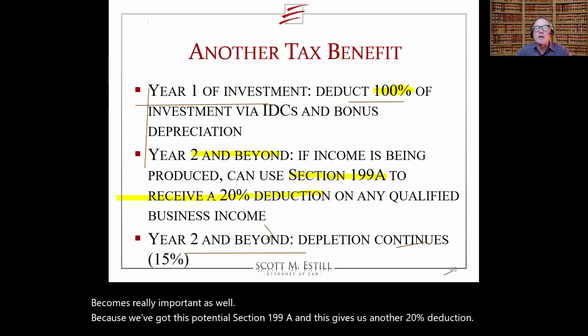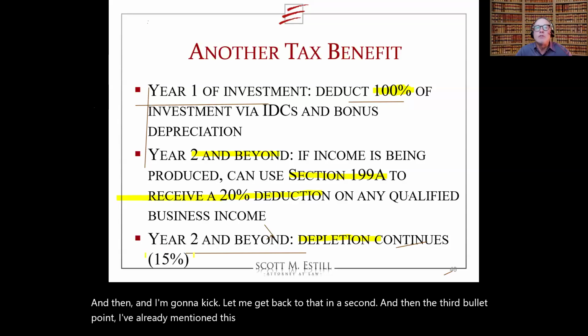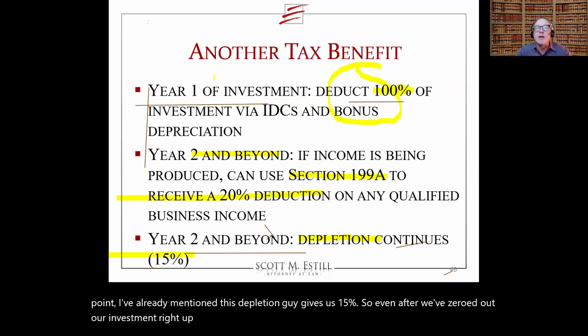I'm going to get back to that in a second. And then the third bullet point I've already mentioned: this depletion gives us 15%. So even after we've zeroed out our investment, having already taken 100% of it, in year two we still get this 15% deduction.